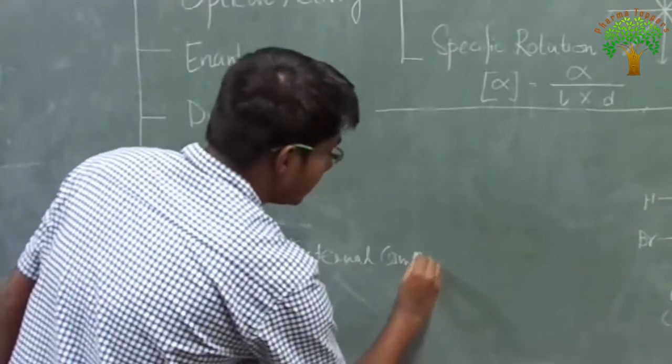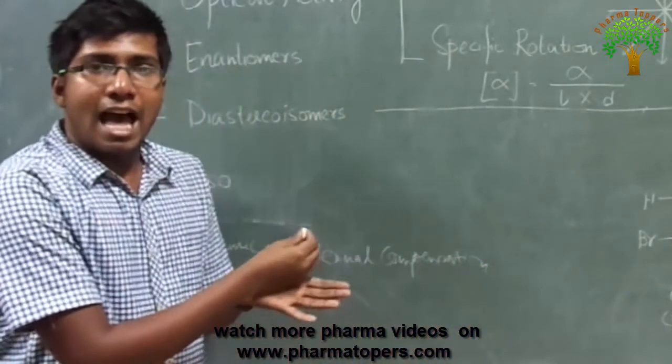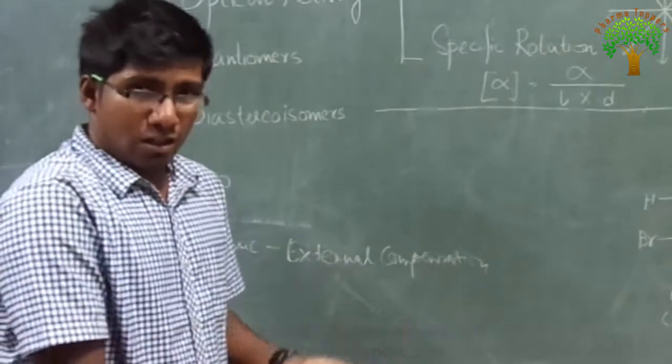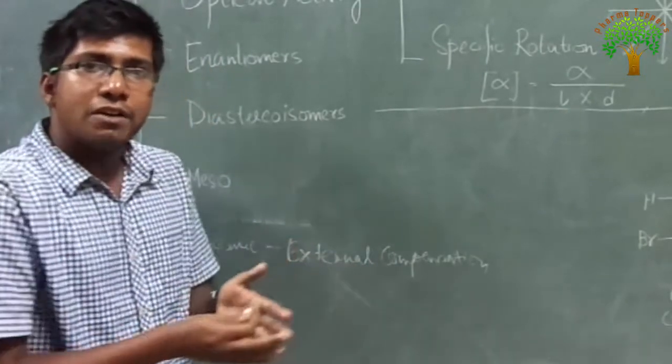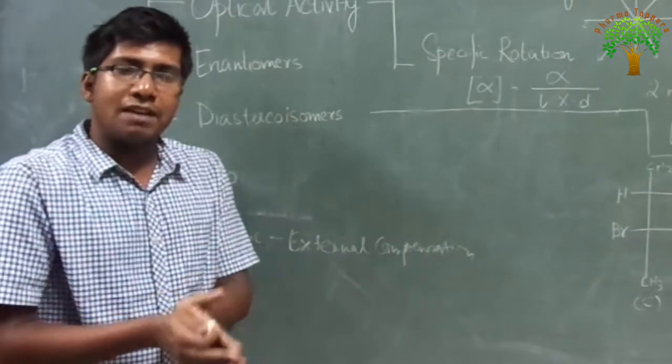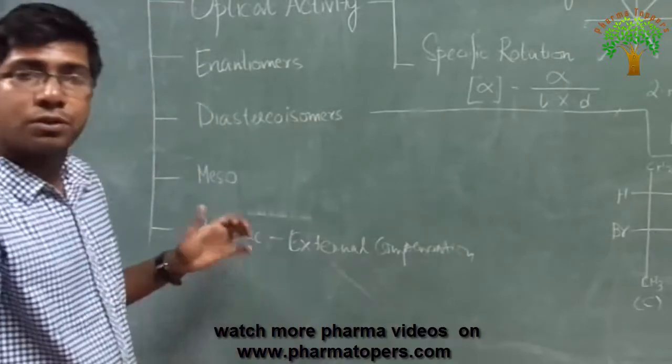Like if we have 50% D and 50% L of, suppose, tartaric acid, the 50% D will rotate in one direction and the 50% L will rotate in the other direction. They cancel each other, and such a mixture is known as a racemic mixture.